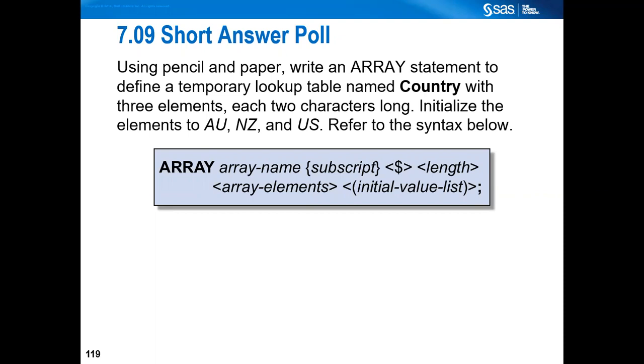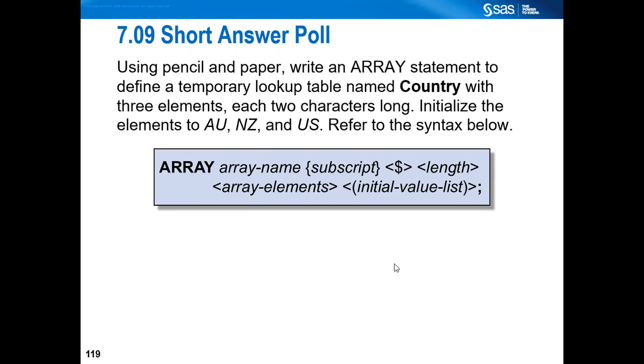Now it's with character. Okay, so it's telling: write this array statement to define a temporary lookup table named country with 3 elements, each 2 characters long. Initialize the elements to AU, NZ, and US. Refer to the below syntax. And tell me how you write this information.